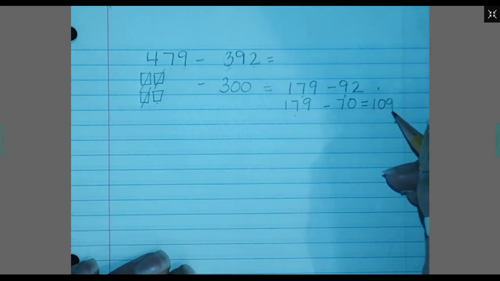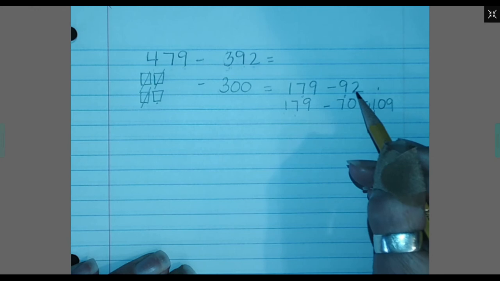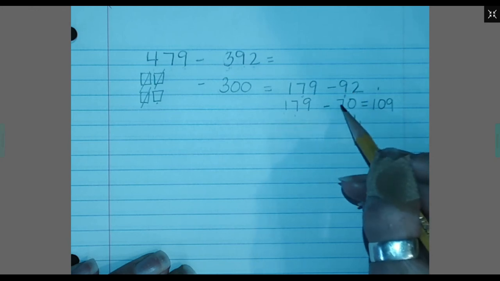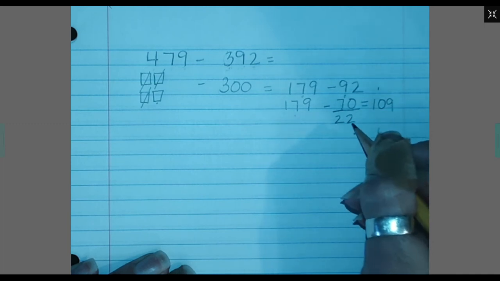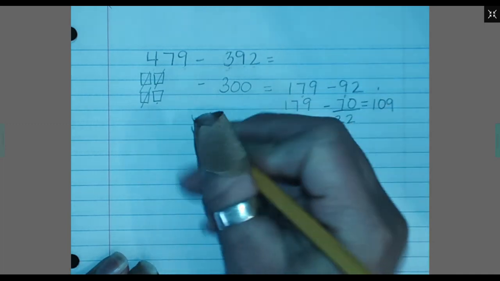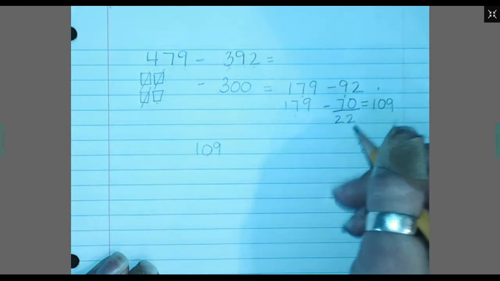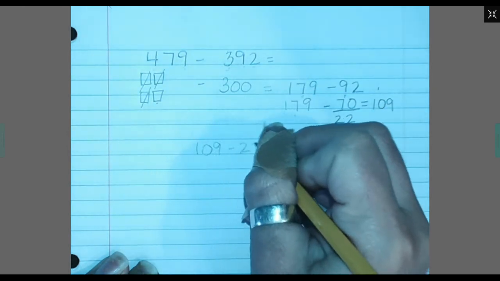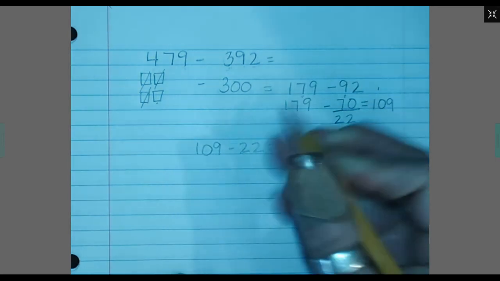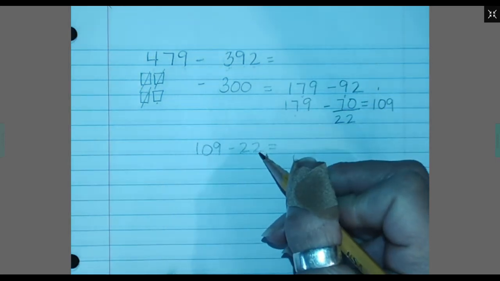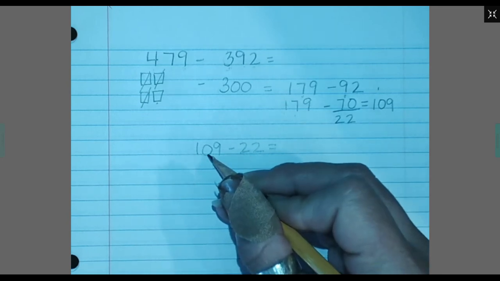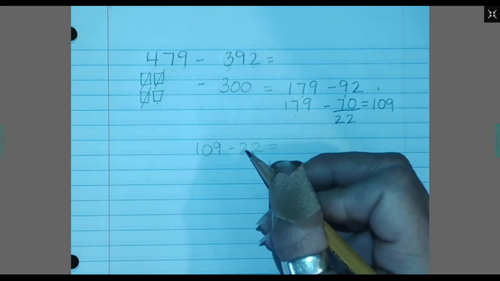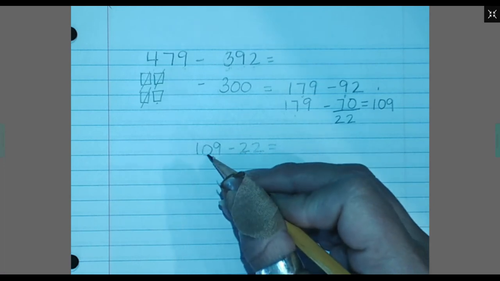But now I still have to take away 22, because 9 minus 7 was my 2, and I still had those 2 ones to take away also. So now I'm left with 109, and I'm going to be taking 22 away from that. Well, let's take away my 2 ones. I can't take away my 2 tens yet. Well, I could. Let's actually do it. How can I take my 2 tens away from 0 tens?